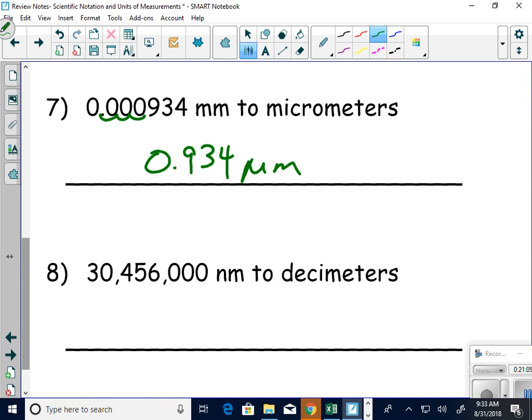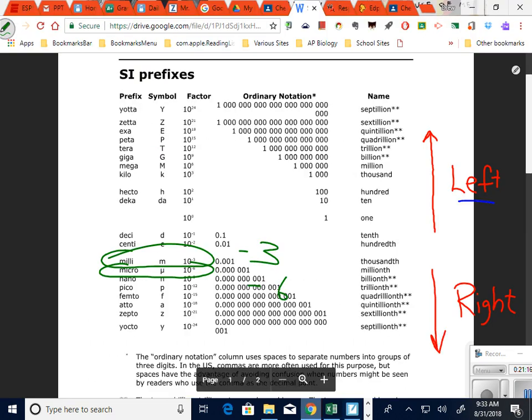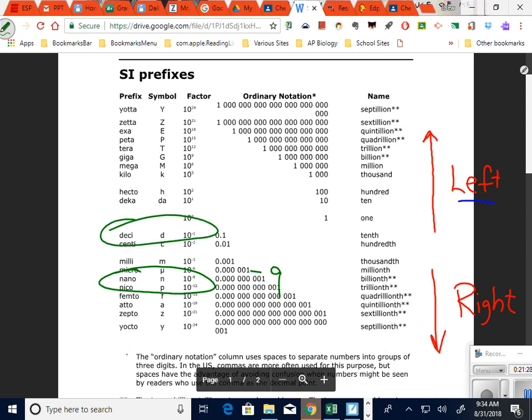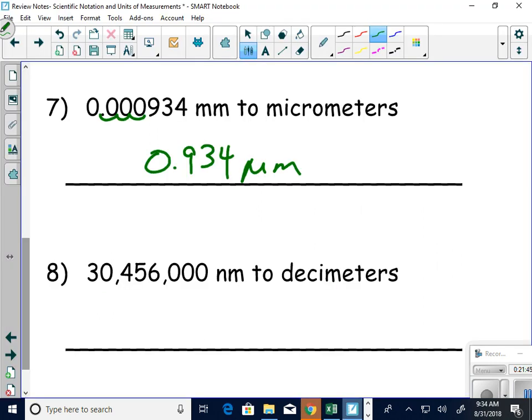Okay. Now I have nanometers, NM, nanometers to decimeters. I find nano right there. Nano is -9. Decimeters is -1. So how many jumps am I making? 8 jumps. What direction? 8 jumps to the left, right? 8 jumps to the left.